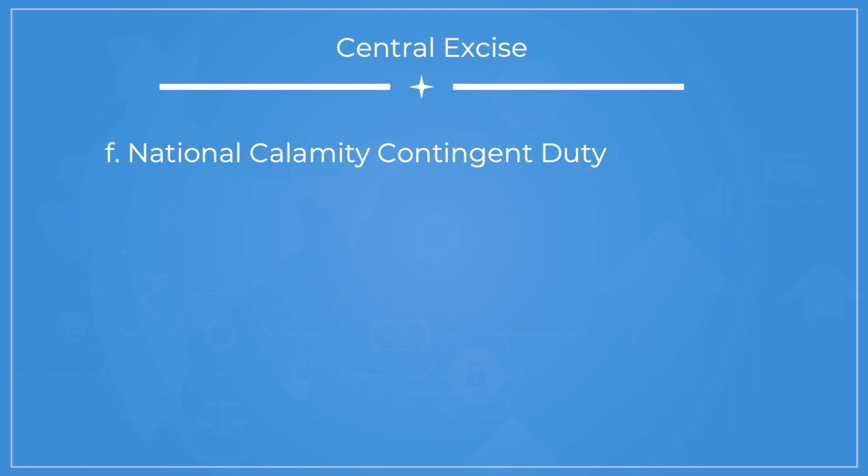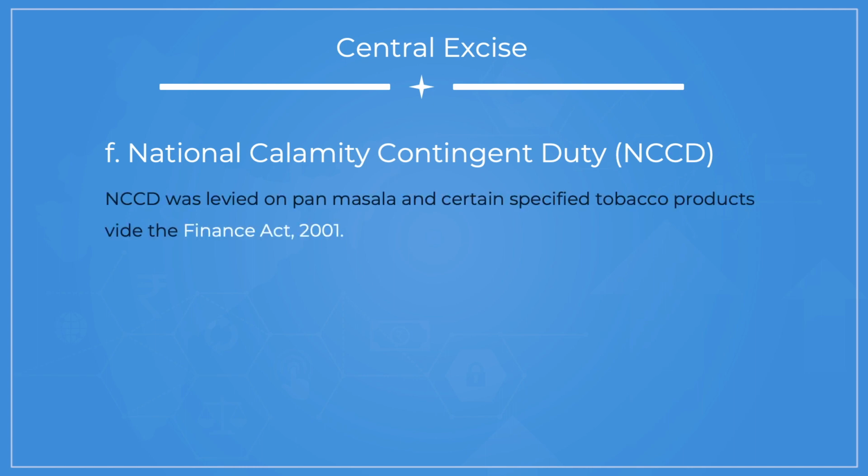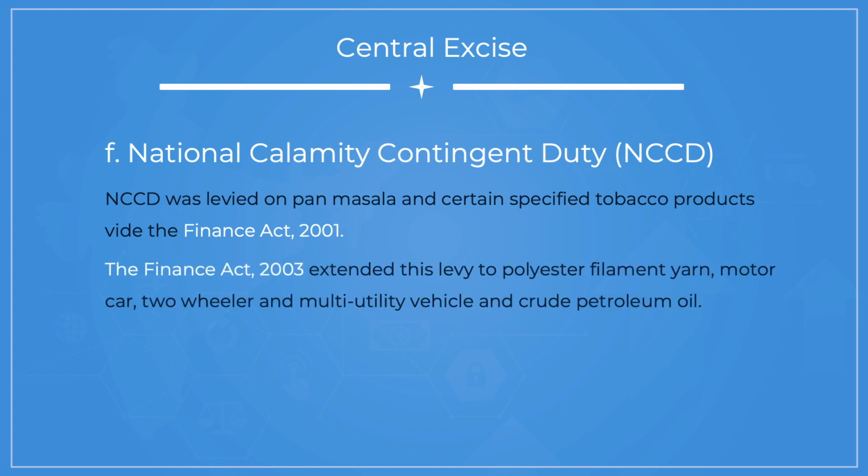National Calamity Contingent Duty, in short form NCCD, was levied on pan masala and certain specified tobacco products vide the Finance Act 2001. The Finance Act 2003 extended this levy to polyester filament yarn, motor car, two-wheeler and multi-utility vehicle and crude petroleum oil.